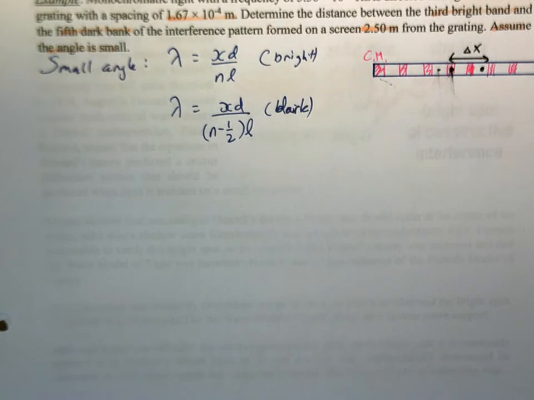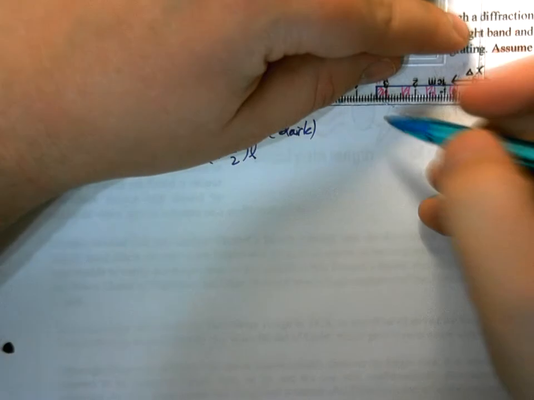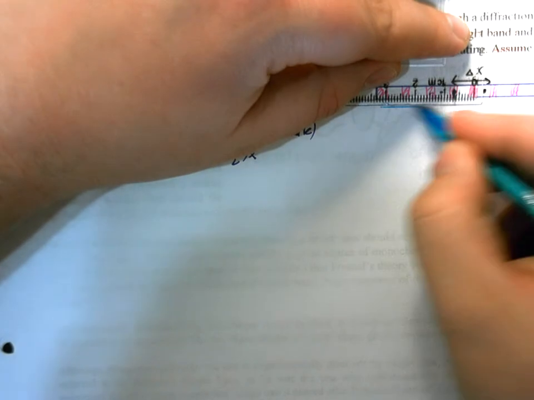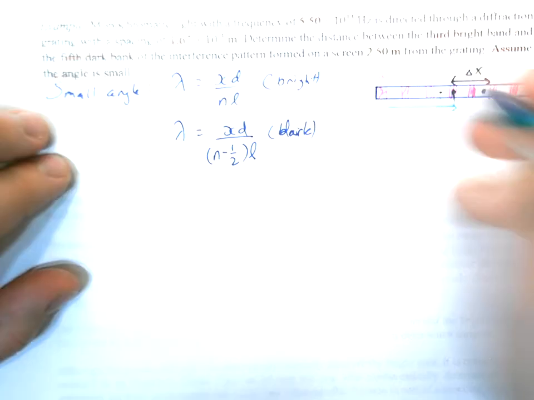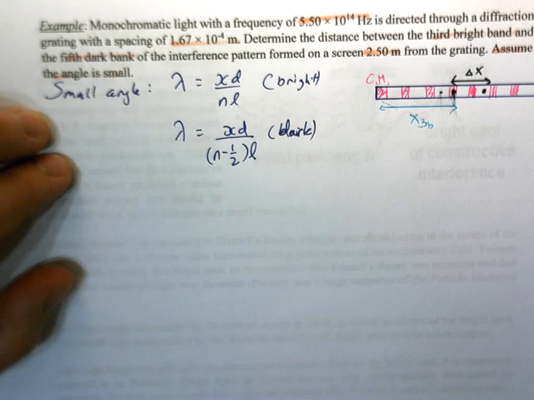Now, we might say, well, how do we do that? Well, using our small angle equations, we know that the x value in this equation is the distance from the central maximum to the fringe in question. So for the third bright fringe, I have that distance from the center of the central maximum to this third bright fringe. I have x3, and I'll put a little b for bright.